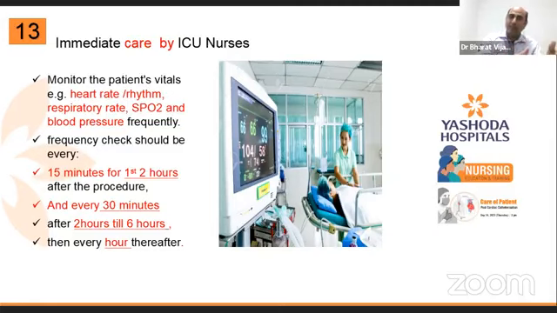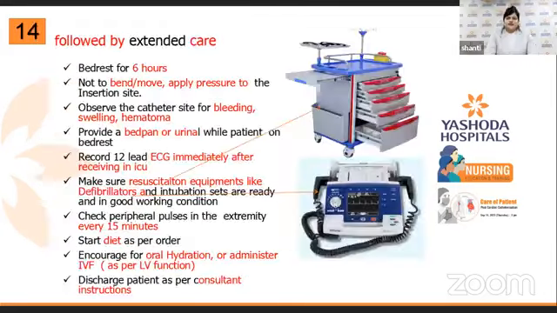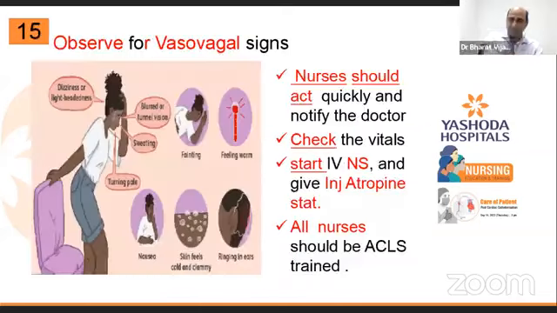If the heart beating is going down, there are two things. One, most common, is a vasovagal, and another is a hypotension due to volume loss. There is a bleeding somewhere. If there is a vasovagal, there will be hypotension with bradycardia. If there is a volume loss, there will be hypotension with tachycardia. So those things can differentiate what is going on.